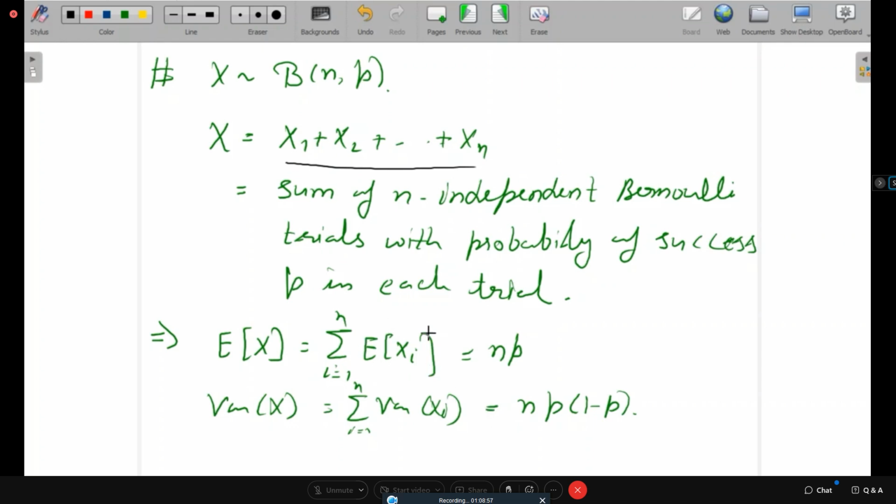Each expectation of xi is nothing but p, and how many times? n times. Very straightforward. Similarly, the variance of x: since they are independent random variables, the variance of the summation of xi is the summation of the individual variances, and the variance of a Bernoulli random variable is p times 1 minus p for each i, n times this, and it's simple.